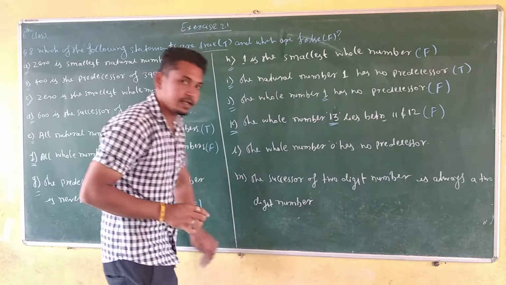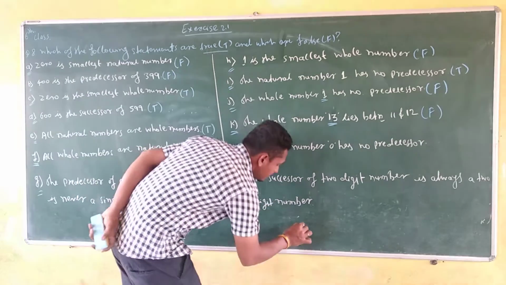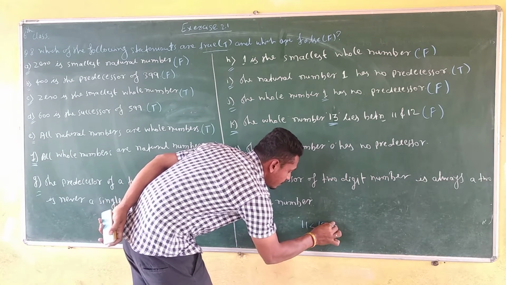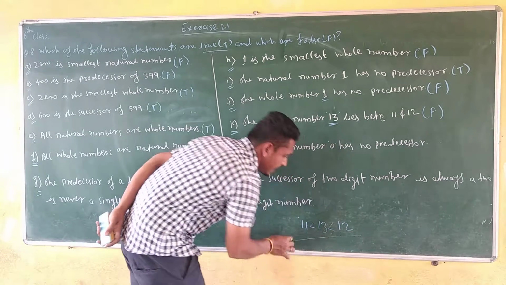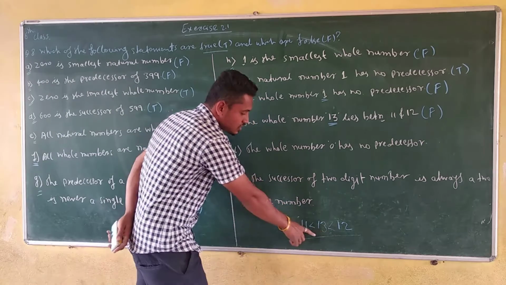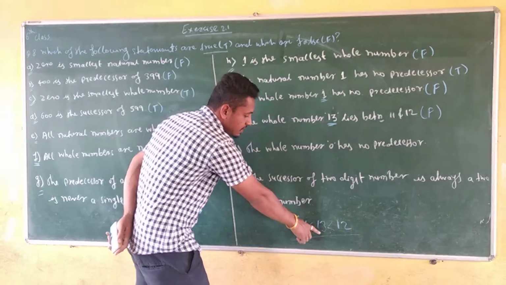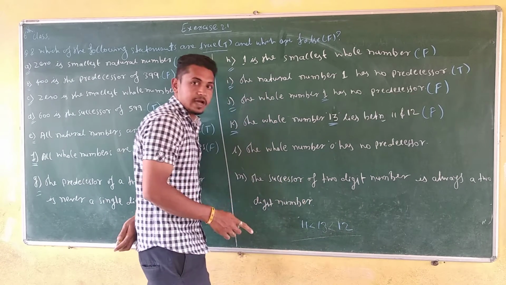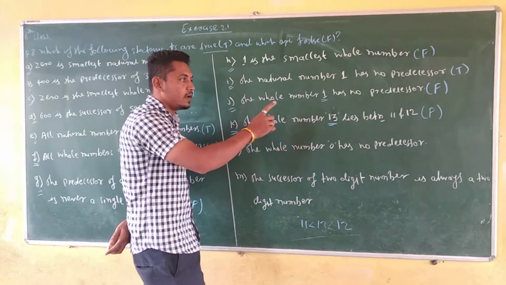This statement is false. See here, 11, 13 and 12. In that case, 13 would have to be greater than 11 and 13 smaller than 12. Only then does 13 lie between 11 and 12.